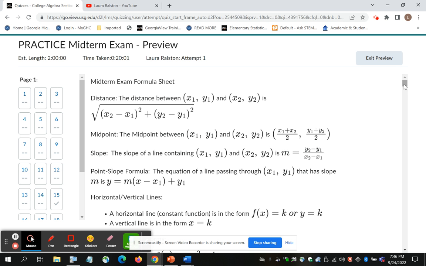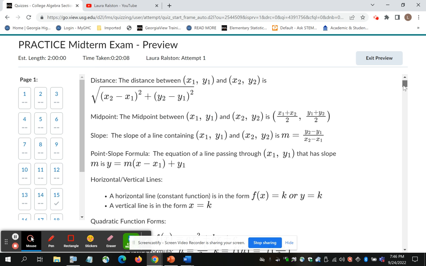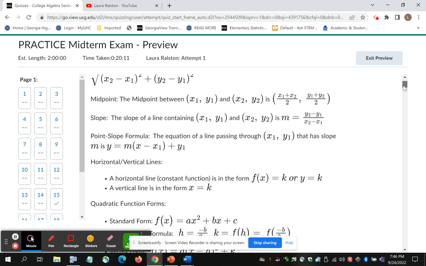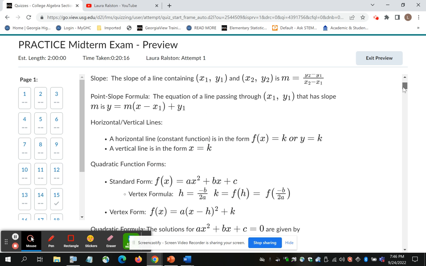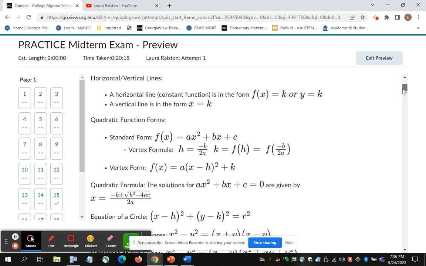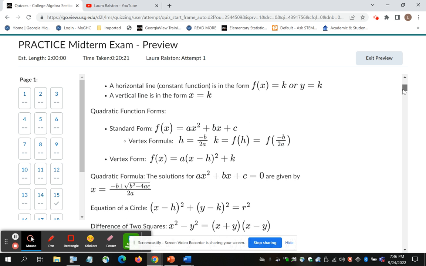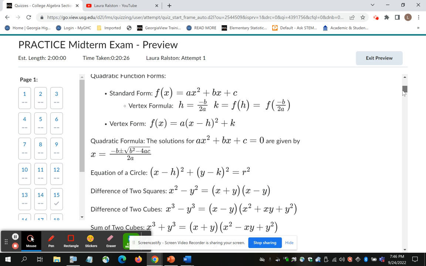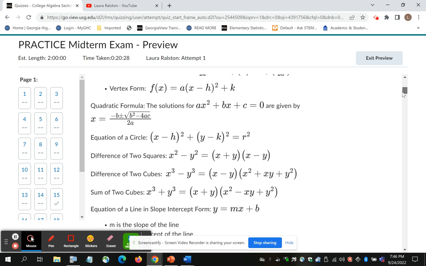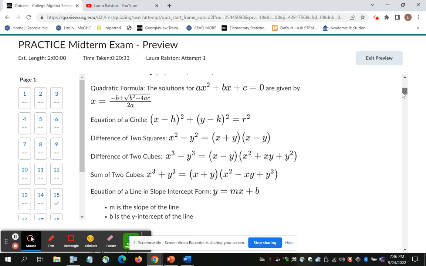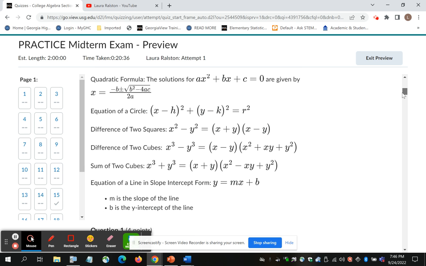On the midterm exam formula sheet, you have the formula for distance, midpoint, slope, the point-slope formula for writing the equation of a line, the equation for a horizontal and vertical line, the various quadratic forms, quadratic formula, the equation of a circle, the formulas for the difference of 2 squares, difference of 2 cubes, and sum of 2 cubes, and also the equation of a line in slope-intercept form.